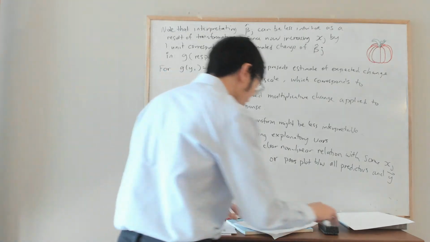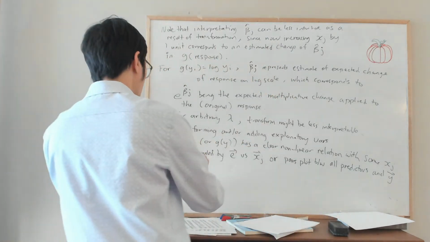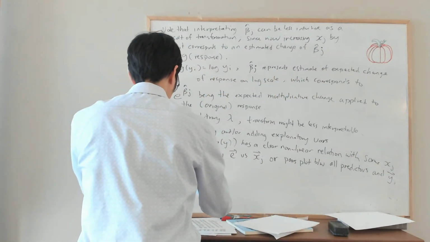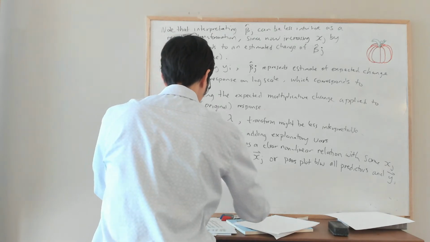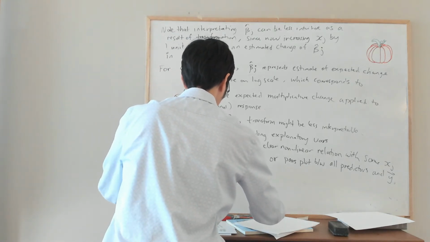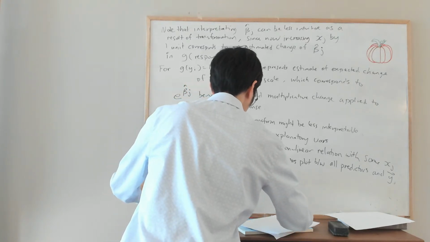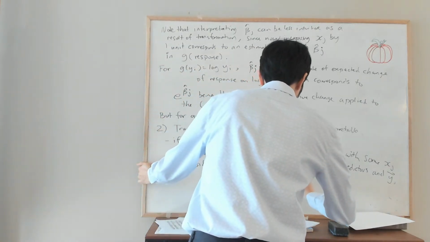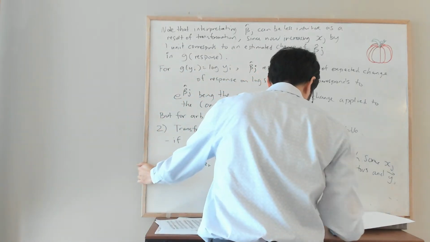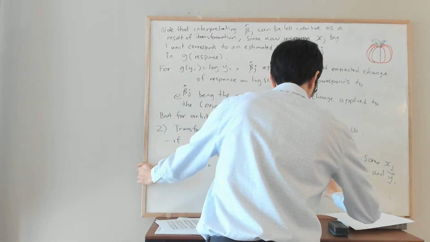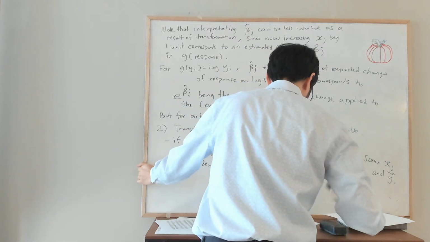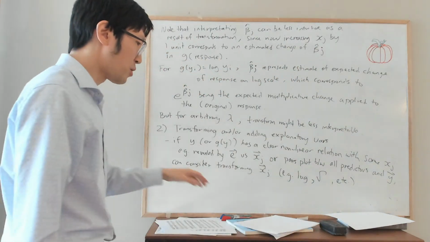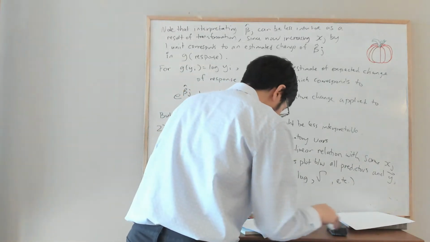And so here are some basic strategies. We can consider transforming xj. We can apply similar kinds of transformations. We could take the log, square roots, etc. So power transformations could be relevant.